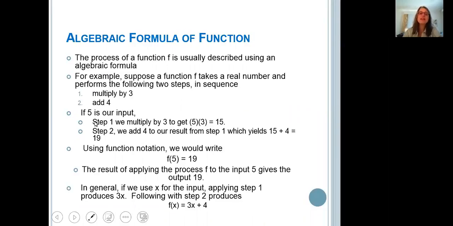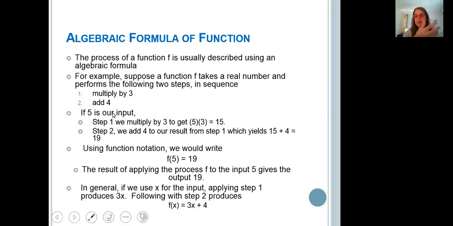Usually we will define functions in terms of an algebraic process. So suppose we define a function f. F is just a name. I could just as easily call this thing Francois. F's easier to spell, okay? So this function f tells me to take some real number, multiply it by 3, and then add 4.